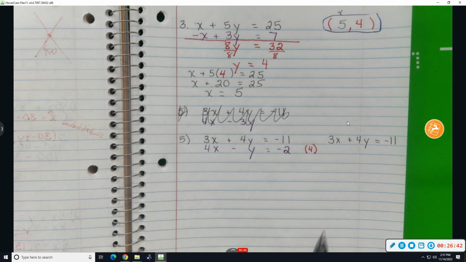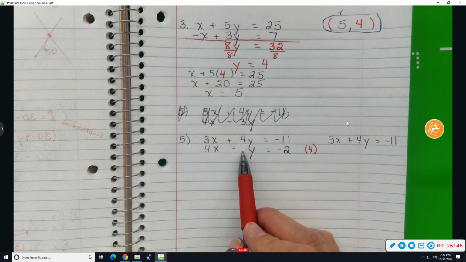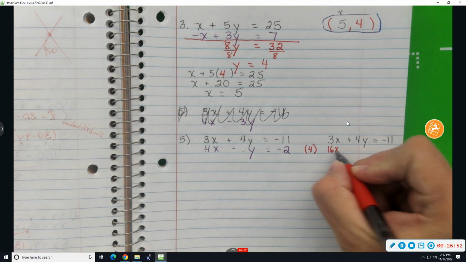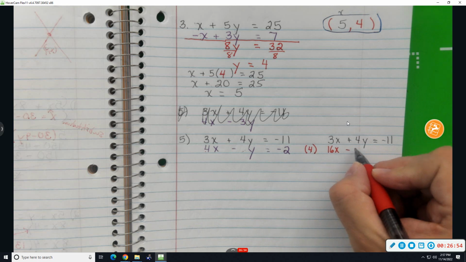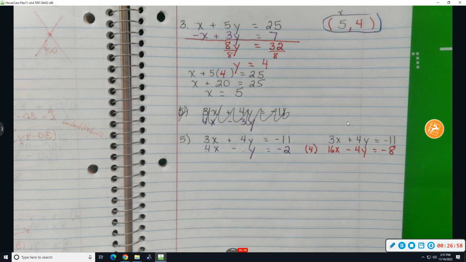And then if I multiply this second one by 4, that's going to give me a negative 4 right here. So we'd have a 16x, then a minus 4y equals negative 8.